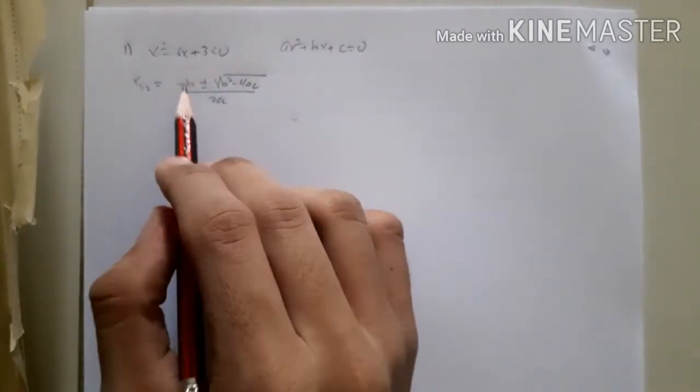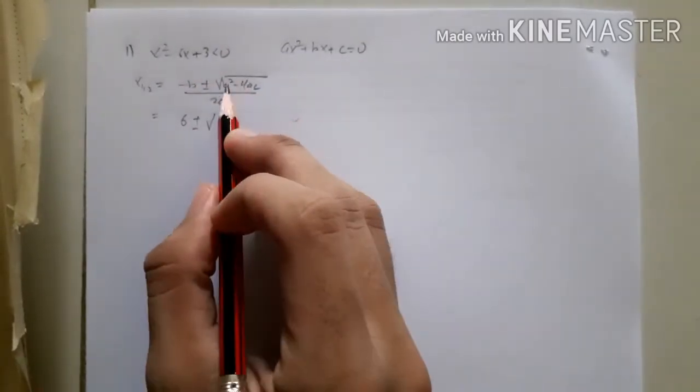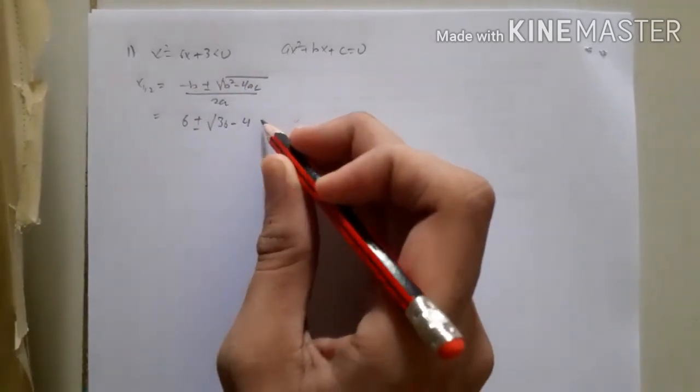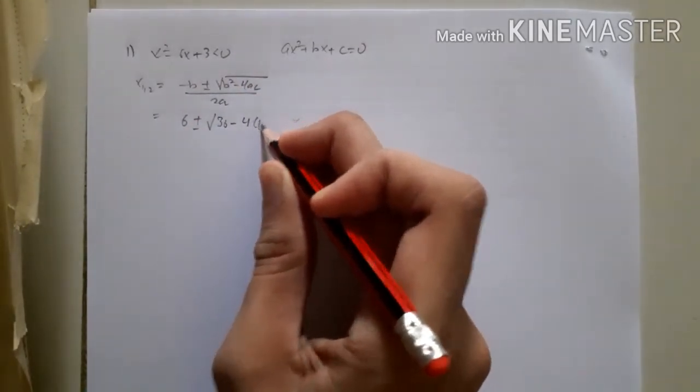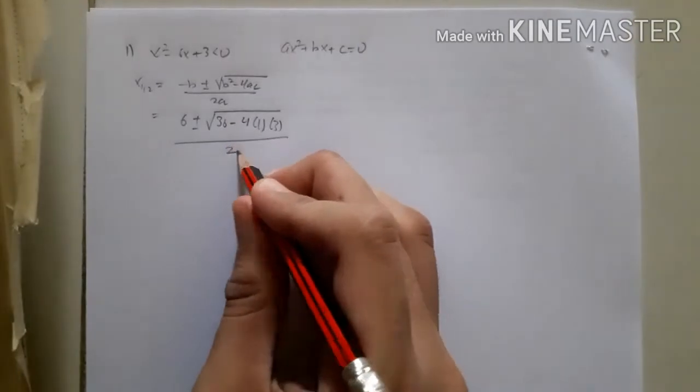Because b here is minus 6, this is 6 plus or minus the square root of 36 minus 4 times a, which is 1, times c, which is 3, over 2a, 2 times 1, which is 2.